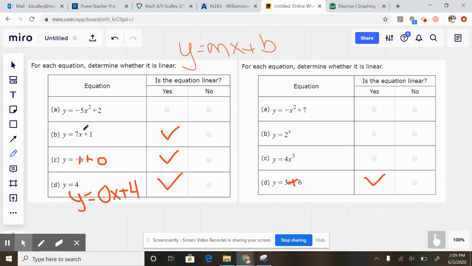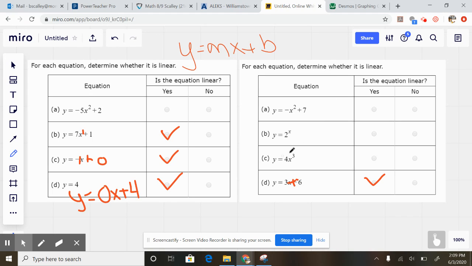Now this equation right here, y equals 7x plus 1, you don't see it. There's actually an exponent of a 1 right there. That's fine. I'm saying any equation that has an exponent other than 1 will be nonlinear. So x squared, x to the second, 2 to the x, that's not 1, and x to the third, those are not going to be linear.